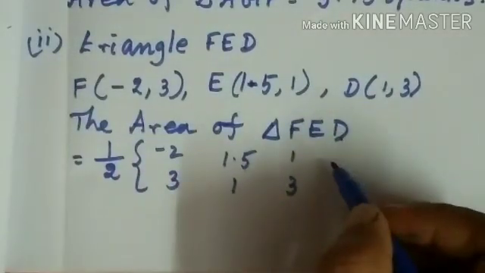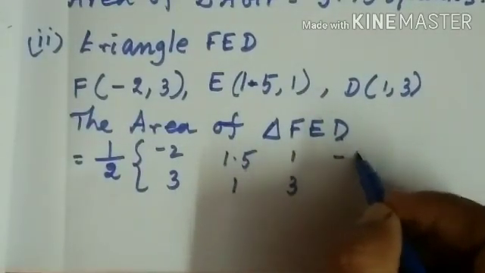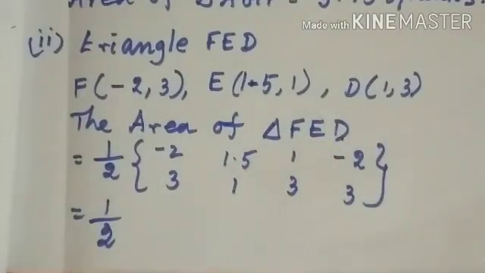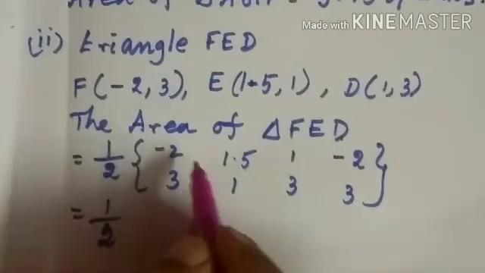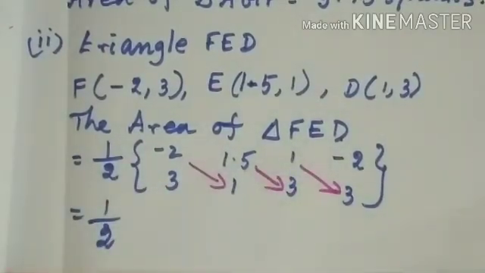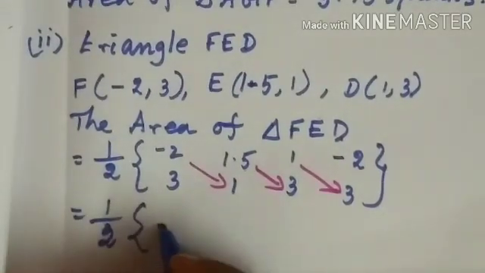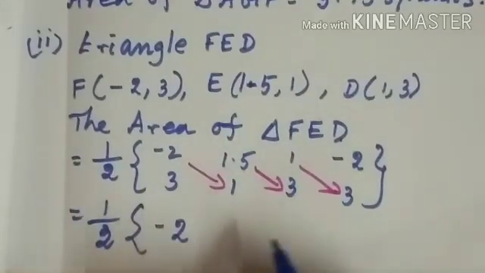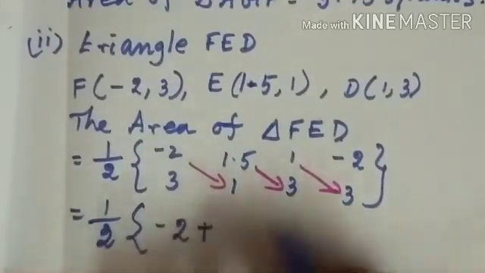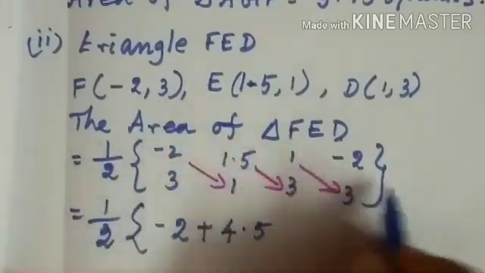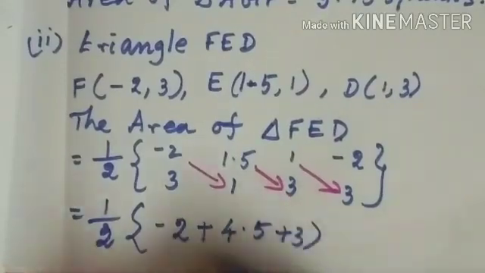Again you write F point, means we get minus 2 3. Now you have to multiply this from top to bottom. Then we get minus 2 into 1 minus 2, 1.5 into 3 plus 4.5, 1 into 3 plus 3.